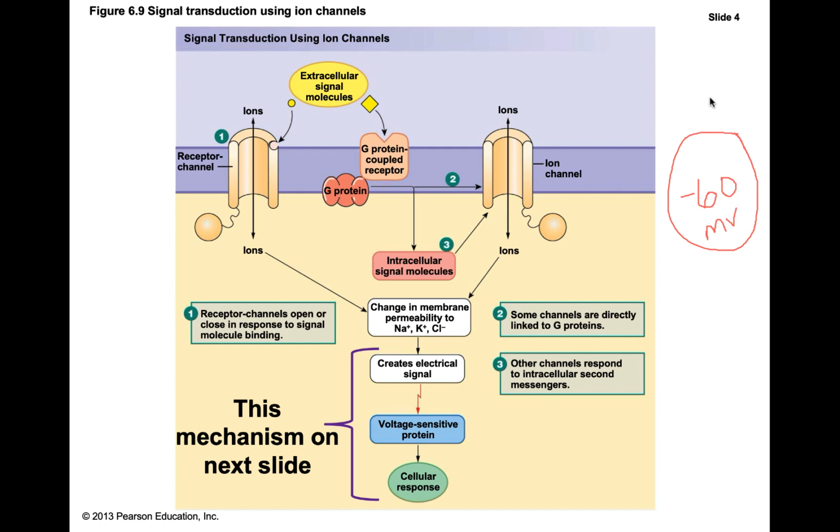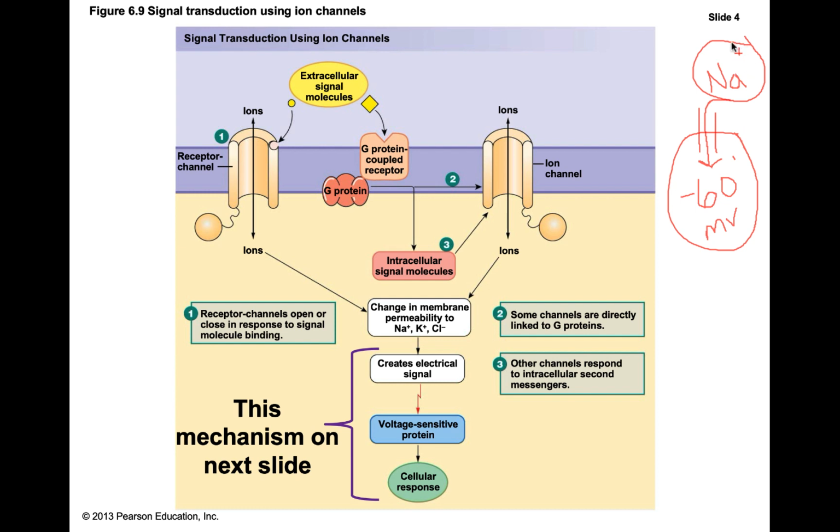What do you think is going to happen if you open a sodium ion channel and you allow sodium that has a positive charge to start moving? As you know from one of our first lectures, there is a lot of sodium on the outside of a cell, but there's very little sodium on the inside of the cell. So naturally, per diffusion, when you open a sodium channel, sodium is going to want to move into the cell.